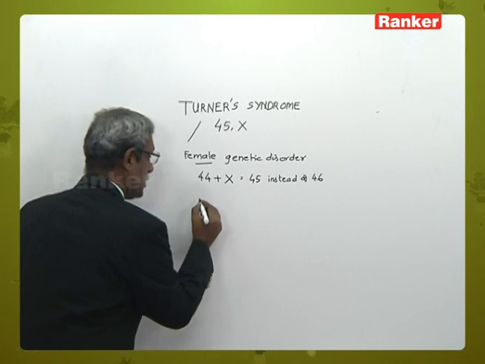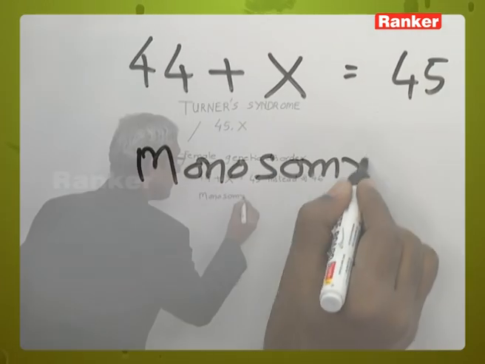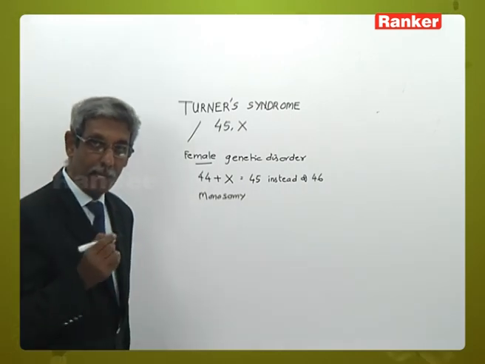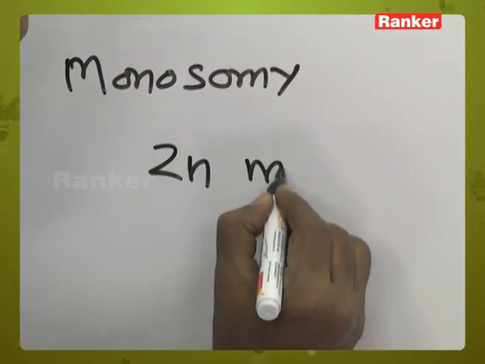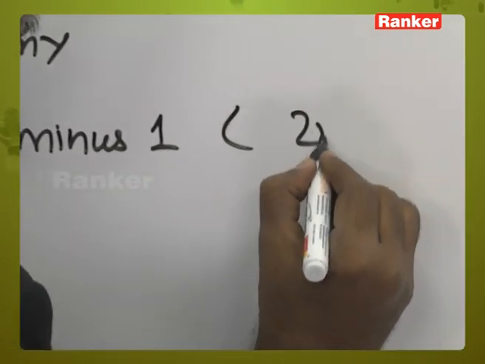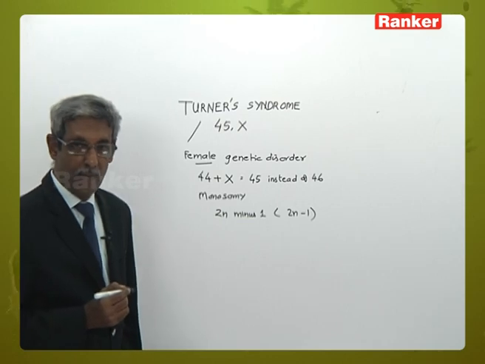This condition is otherwise termed monosomy. In a typical monosomy condition, we have 2n minus 1.